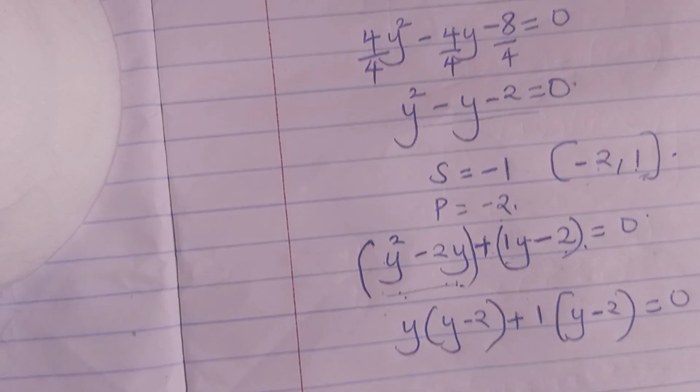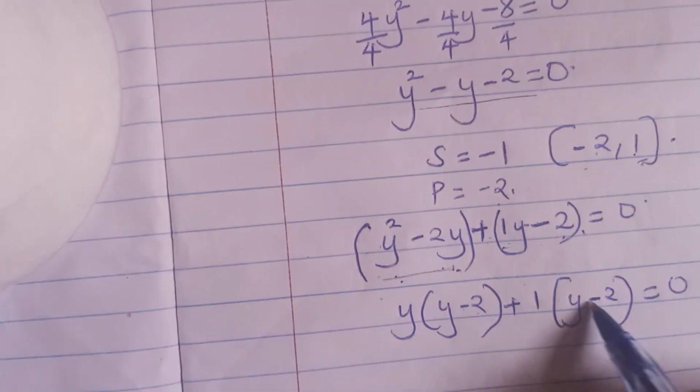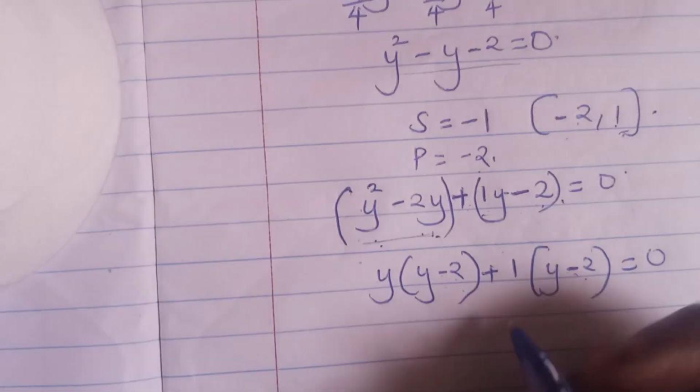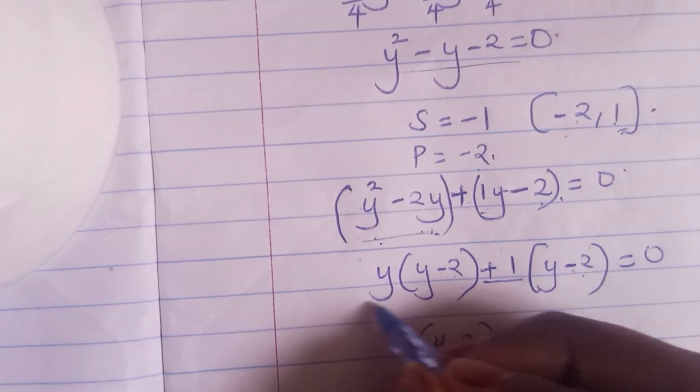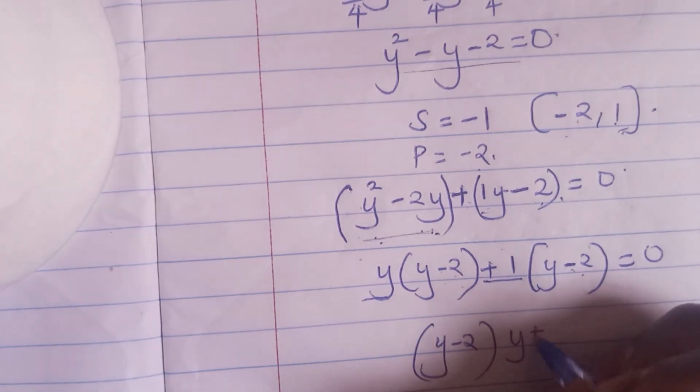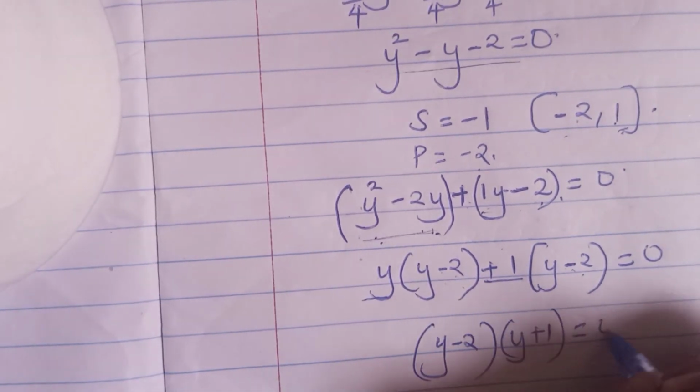Right? So y minus 2 is common, write it down. y minus 2 into, pick the ones that are left outside, y plus 1 equals 0.